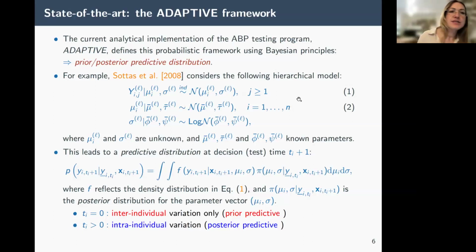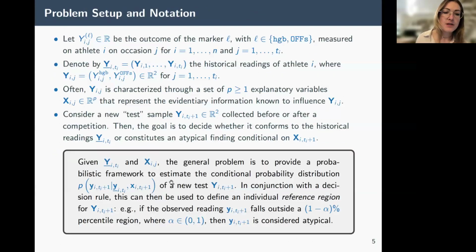And the main characteristic of the current methodology, the adaptive one, is that this probability here is defined based on a Bayesian paradigm, and it is nothing else than the prior or the posterior predictive distribution. It is the prior, of course, when we have not observed any previous reading for the same individual i.